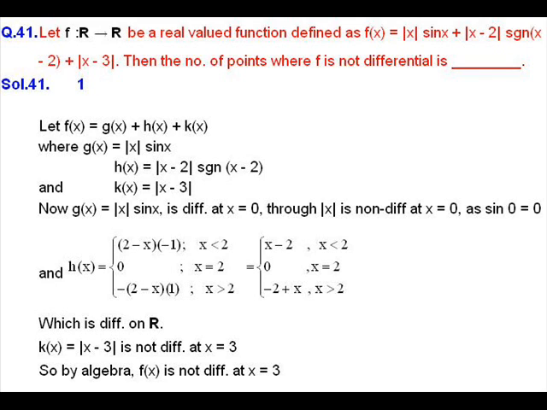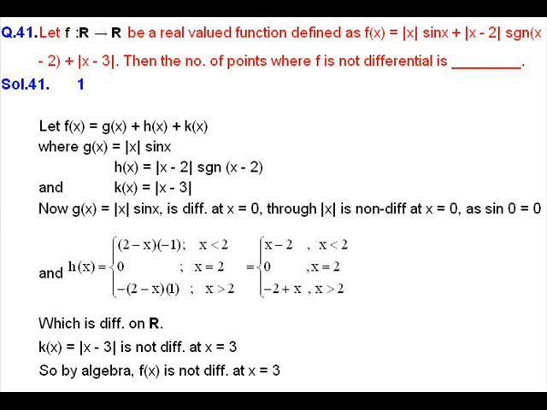So clearly h is differentiable everywhere on R except possibly at x equal to 2. So we have to check only the differentiability at x equal to 2. When we compute the left hand derivative and right hand derivative at x equal to 2, we have both equal to 1. So this implies h is also differentiable everywhere on R.